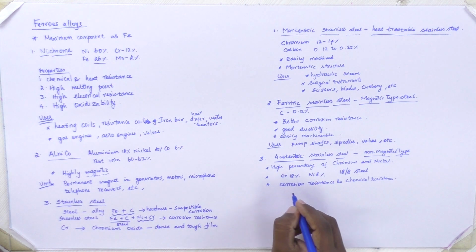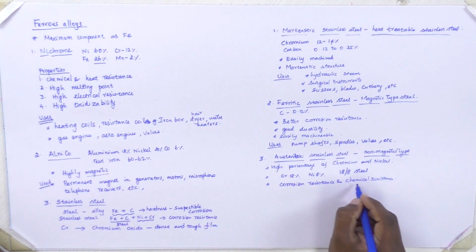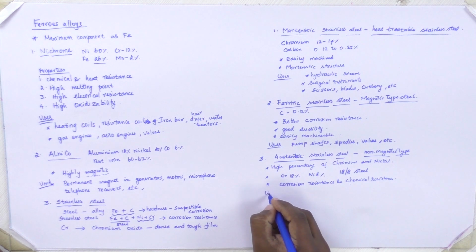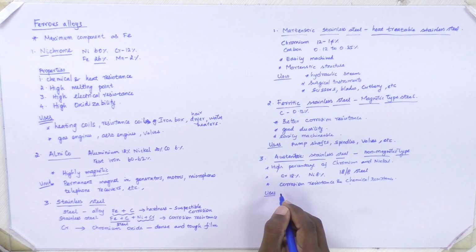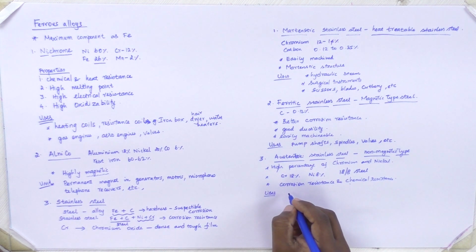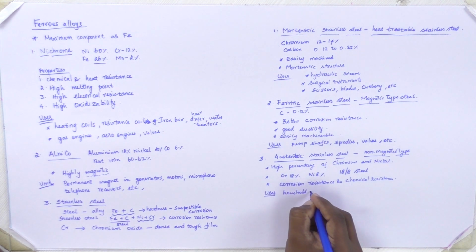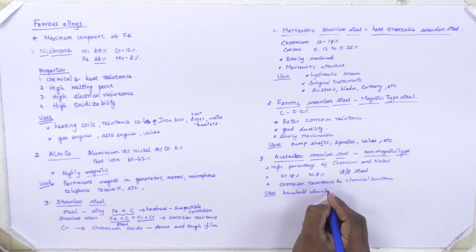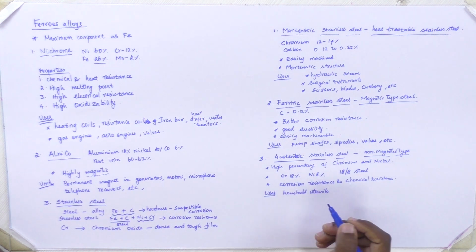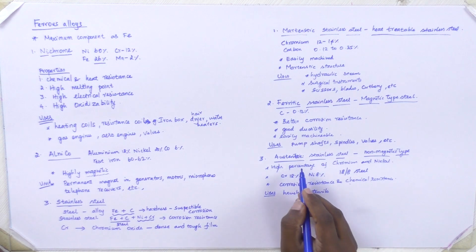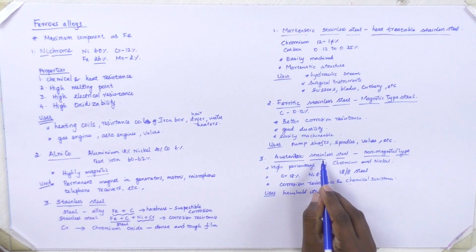So because of their corrosion resistance and chemical resistance property, this type of stainless steel is mainly used in household utensils, because the food item we keep can be acidic or basic. It should not affect the material.